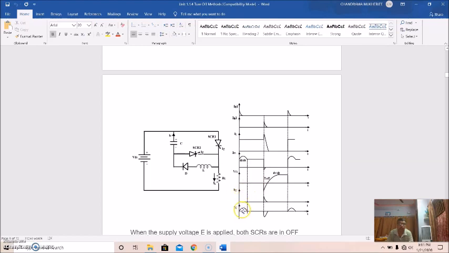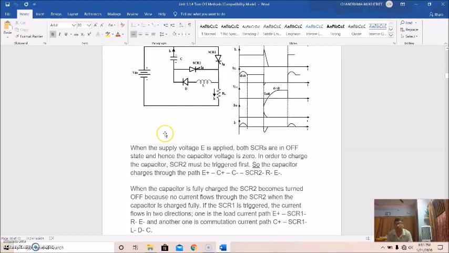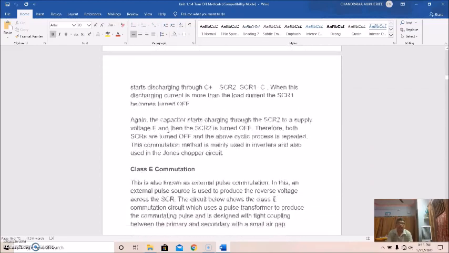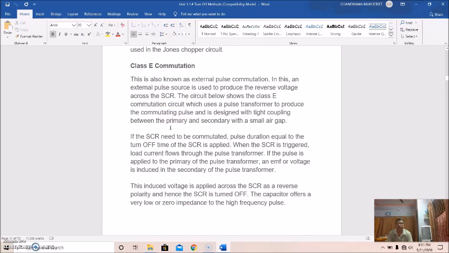This is capacitor current. So these are depicted, and all this was discussed during the discussion of class C operations. Now class D operations. Now we'll quickly go through class E operation.